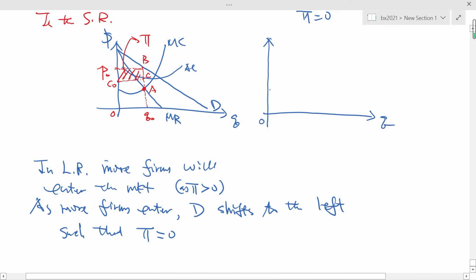So I still have the same marginal cost, the same average cost. So now this demand curve shifts to the left.